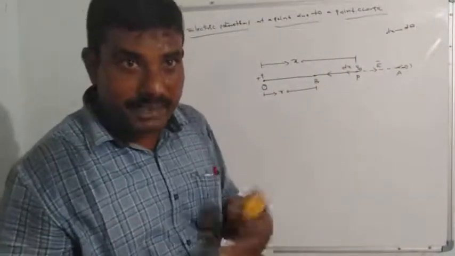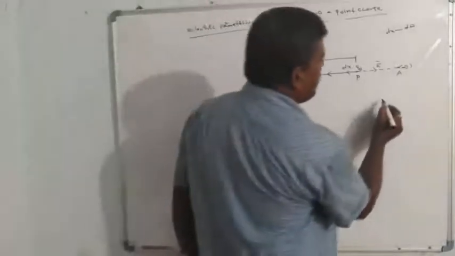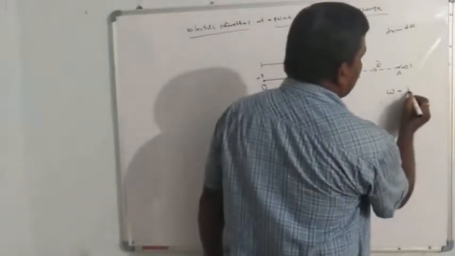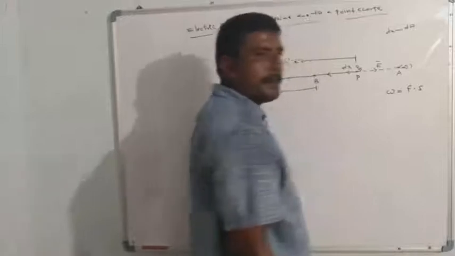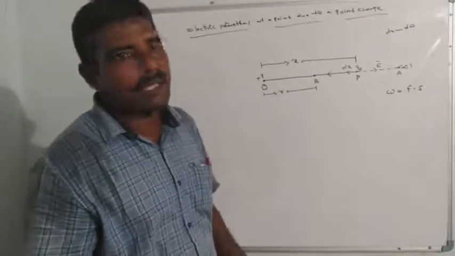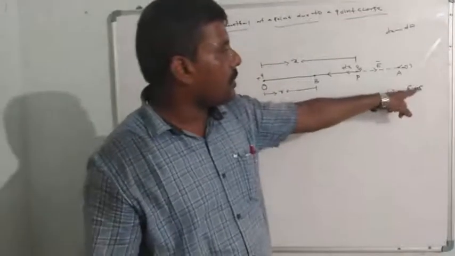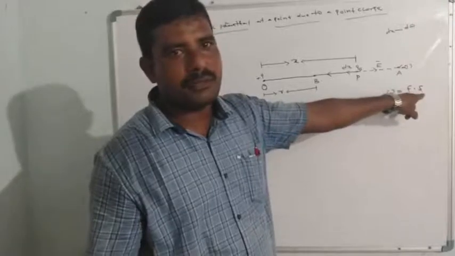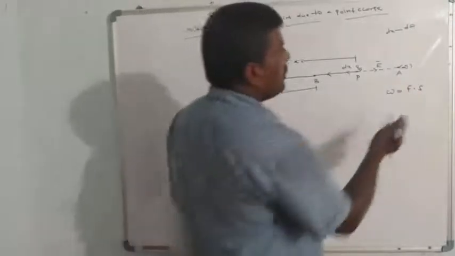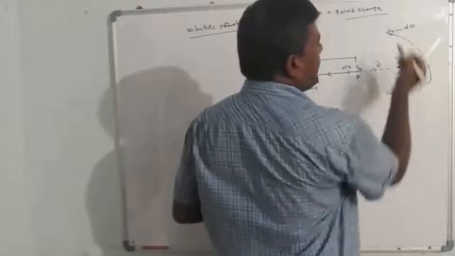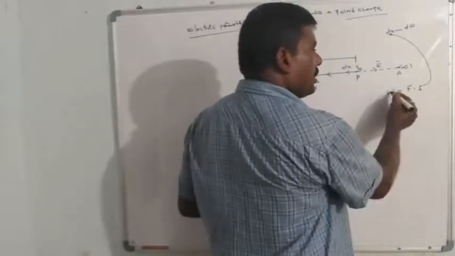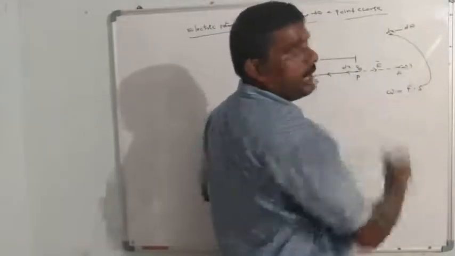By the definition of work, what is the formula? Work is the dot product of force and displacement. The displacement is dx, and the work done is dw.